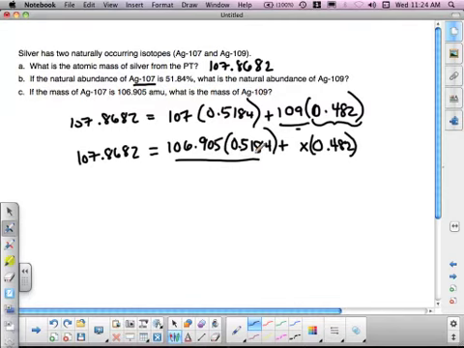so that I can bring it to the other side. And that comes out to 55.4 plus 0.482x equals the 107.8682.